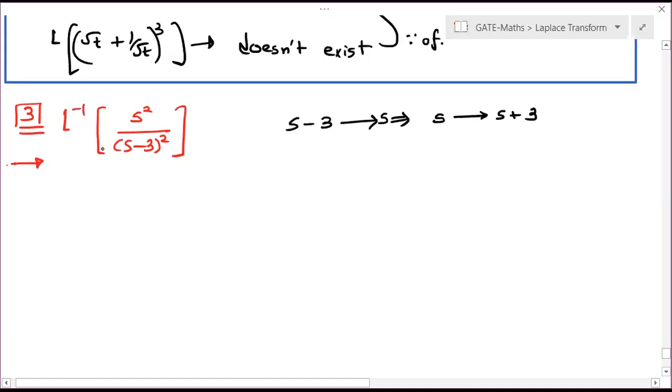And after simplification, I can do something. If I have to convert s into s plus 3, this is your first shifting property for inverse Laplace transform.